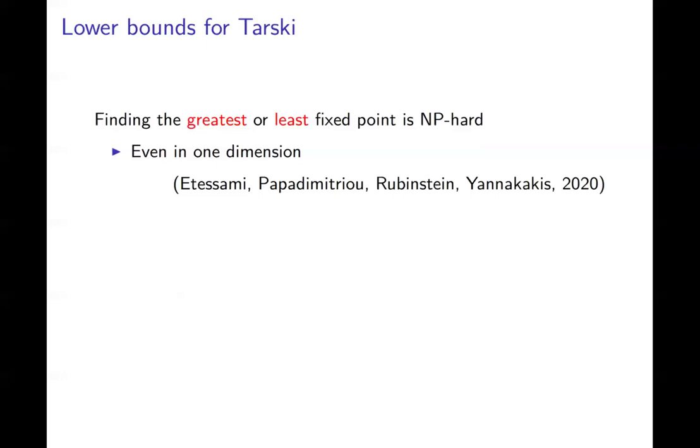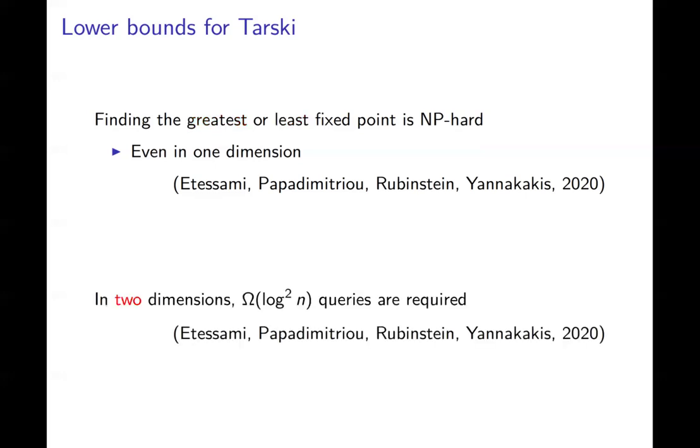Now, in terms of lower bounds for the Tarski problem, finding the greatest or least fixed point is an NP-hard problem, which captures the difficulty to solve this problem in general, even for one-dimensional cases. Additionally, in 2 dimensions, there's a log squared lower bound to the number of queries required to find the fixed point.